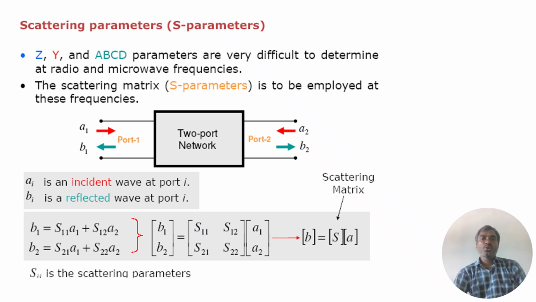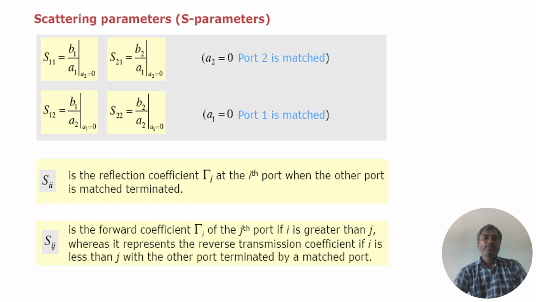So in order to characterize a high frequency network, we need to find a new type of parameter which will give the power relationship between the input and output ports of a high frequency network. Those parameters are called S parameters. Now we will see the scattering parameters of a two-port network in detail.